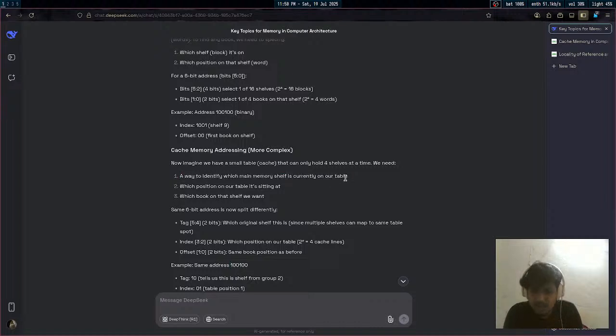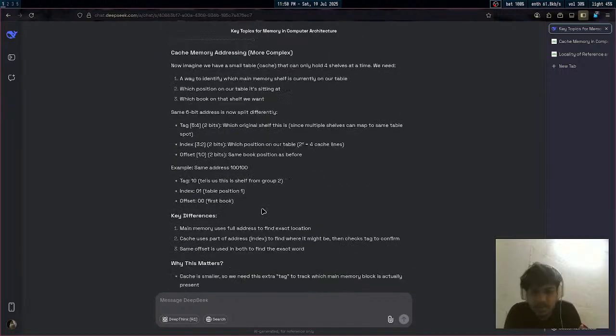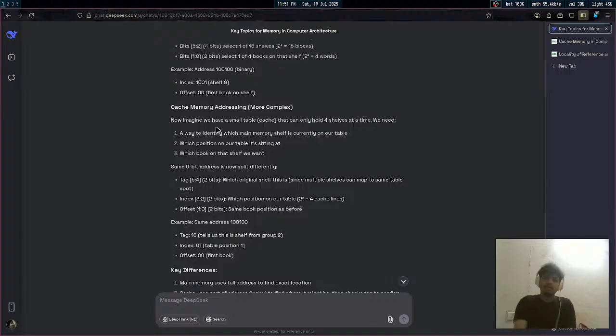A way to identify which main memory shelf is currently on the table. Again, I will be ignoring this, like this does not really make any sense to me.